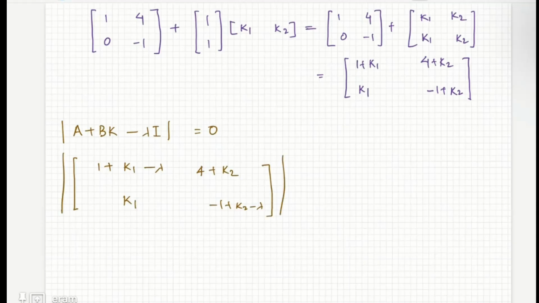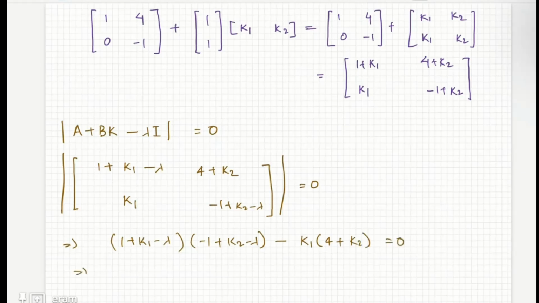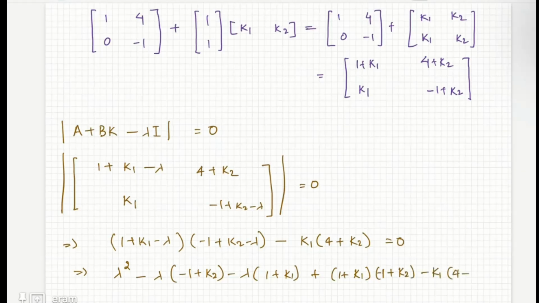This determinant goes to 0. Let's do all the calculations. It is this product minus K1 times (4 plus K2) equals 0. So it will be lambda square minus lambda times (-1 plus K2 plus 1 plus K1), plus the remaining terms.